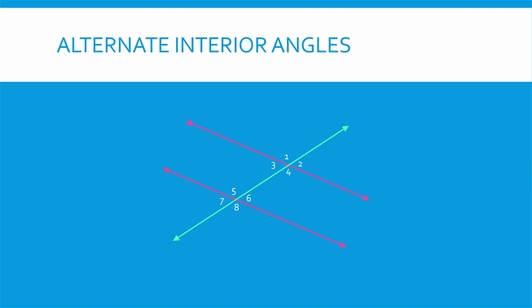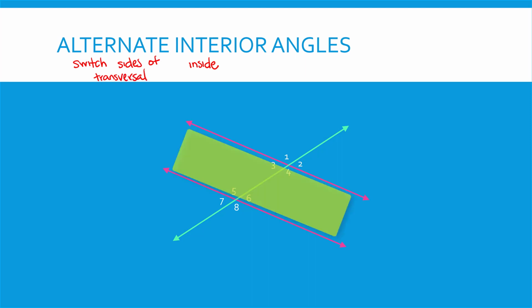Our next set of angle relationships is alternate interior angles. Again, let's look at the words they use here. Alternate means switch. Interior means inside. So in other words, we're going to switch sides of our transversal, and we're going to be inside, or in between, the parallel lines.